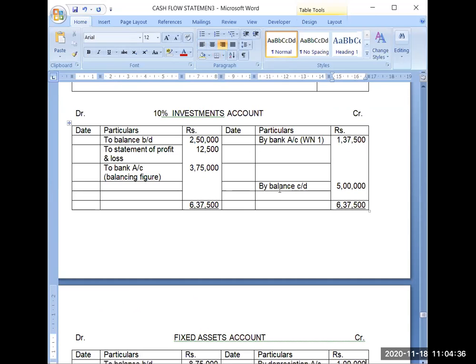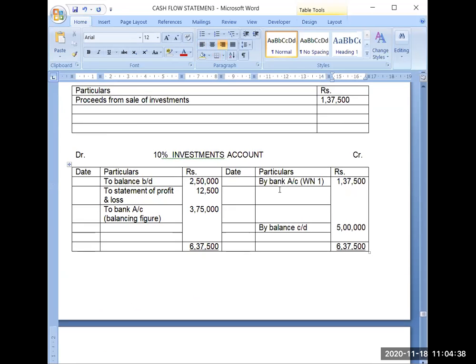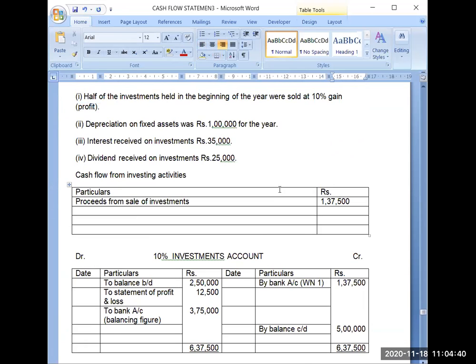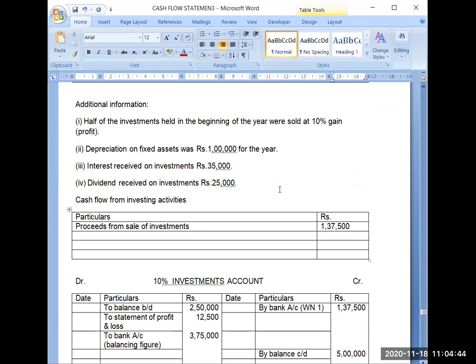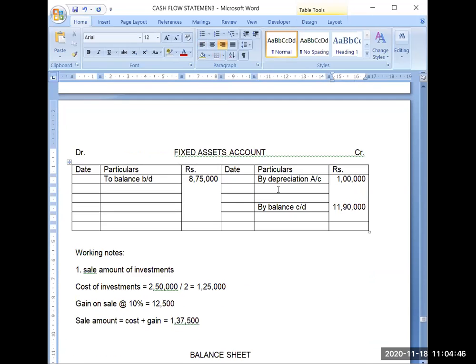Now see if any other information is there. Opening and closing balance is given, depreciation is given. So as regarding fixed asset account, only this much information is given. So we will again total the credit side first. The total will be 12,90,000.